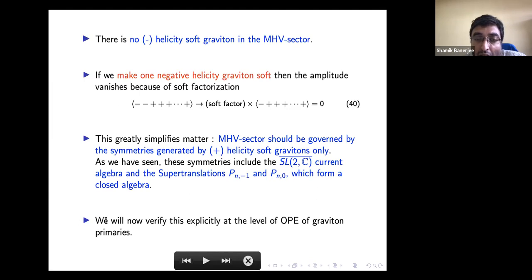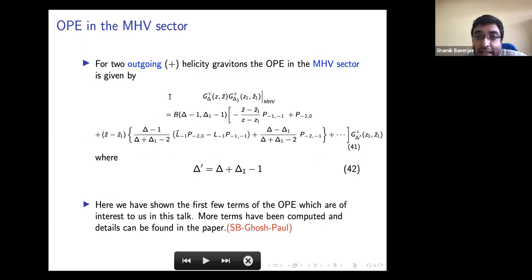Now let's see if this particular statement is true at the level of the OPE. These are a few terms in the OPE between two hard gravitons, G plus delta Z Z bar and G plus delta 1 Z1 bar. And this is true in the MHV sector.